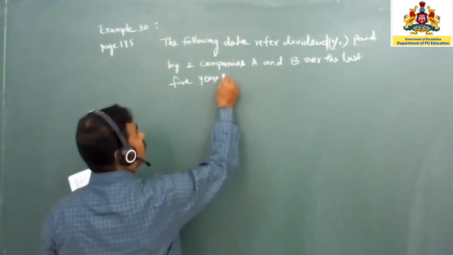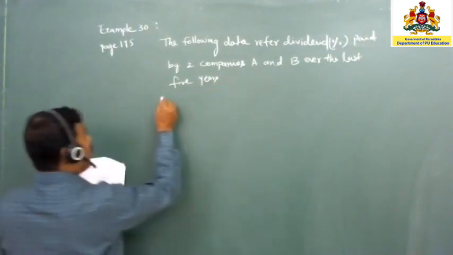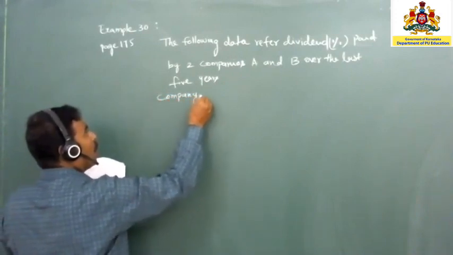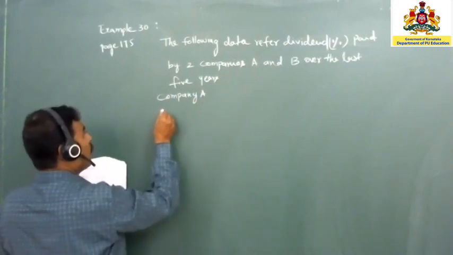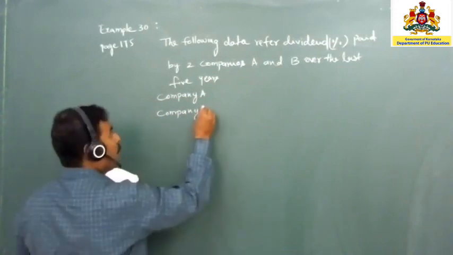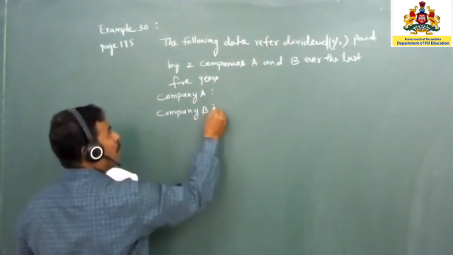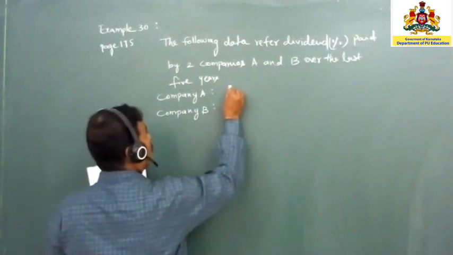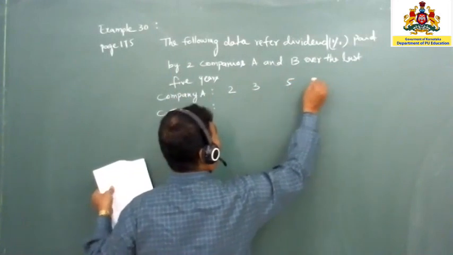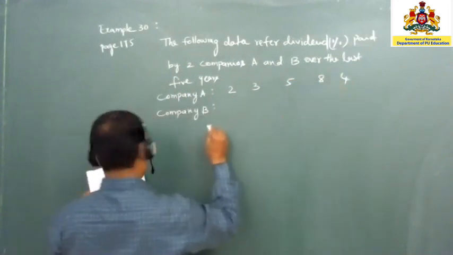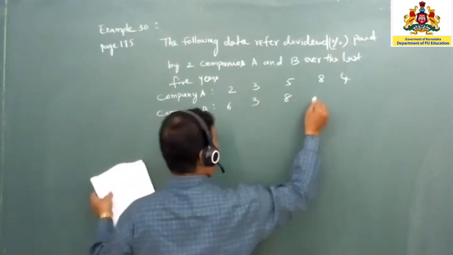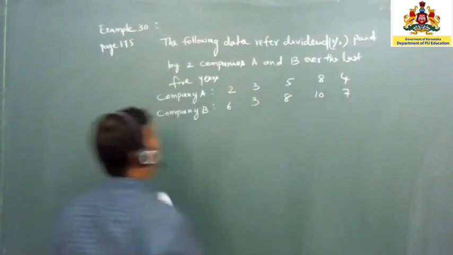Company A values: 2, 3, 5, 8, 4. Company B: 6, 3, 8, 10, 7.